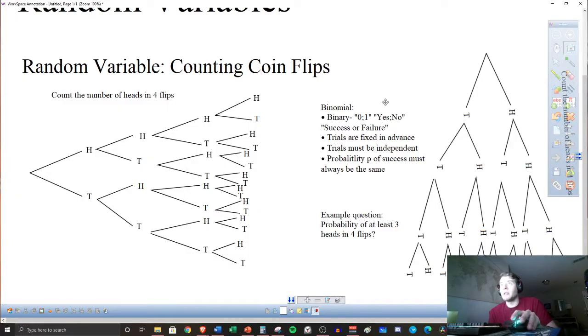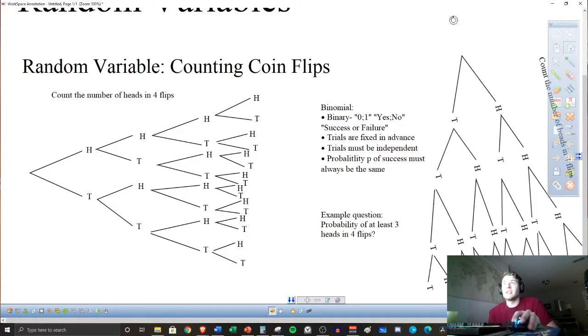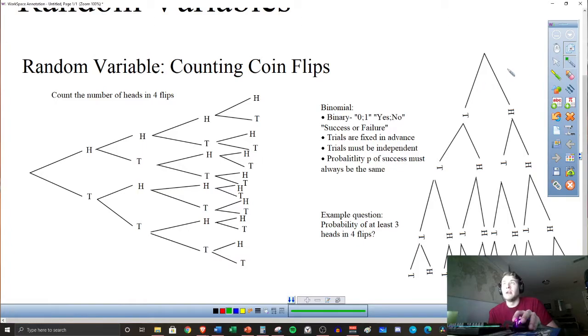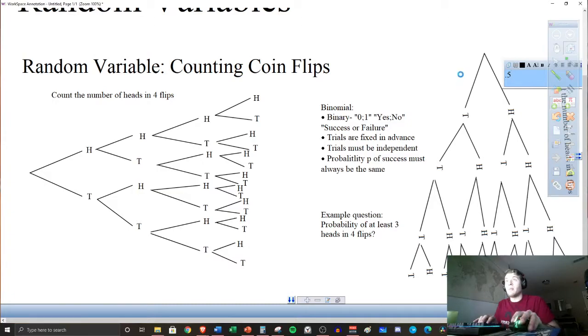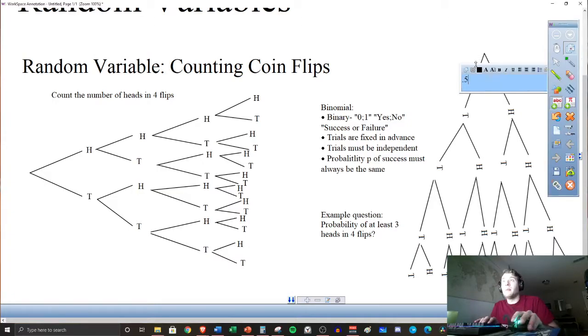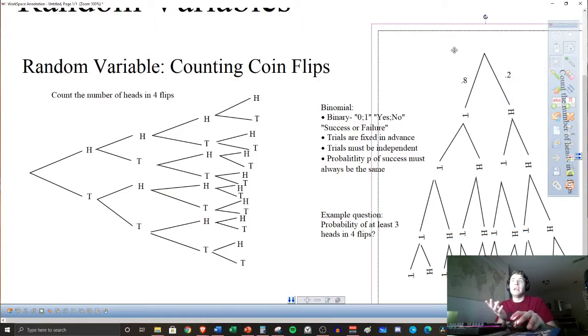Now, it's still binary, but it's almost like me taking this and tilting it this way and saying, okay, it's no longer 0.5 and, hold on, let me write this. It's no longer 0.5 and 0.5. What we end up with is something more along the lines of maybe 0.8 and 0.2, right?